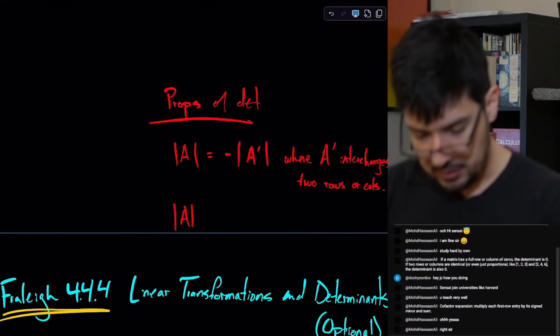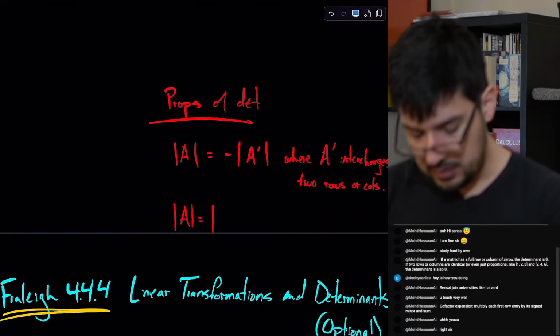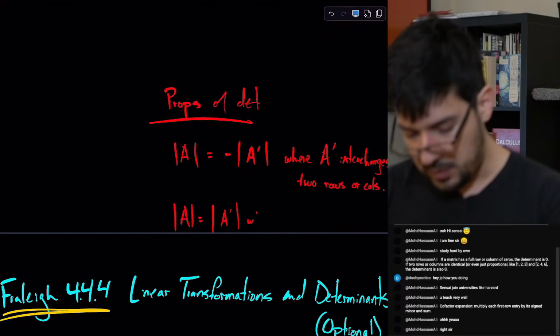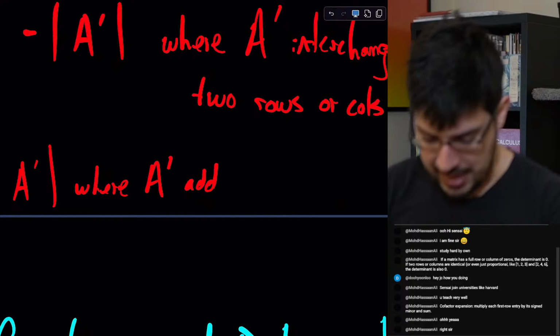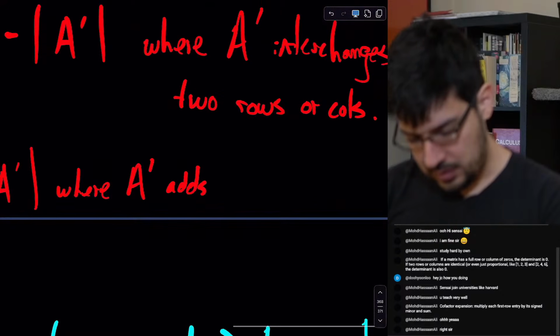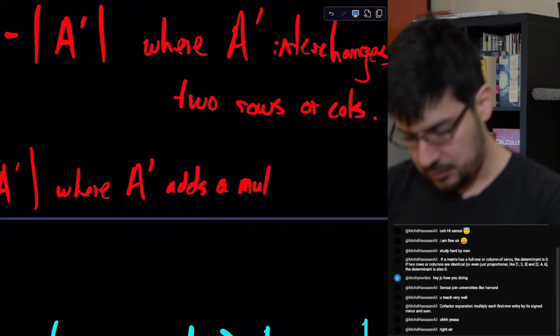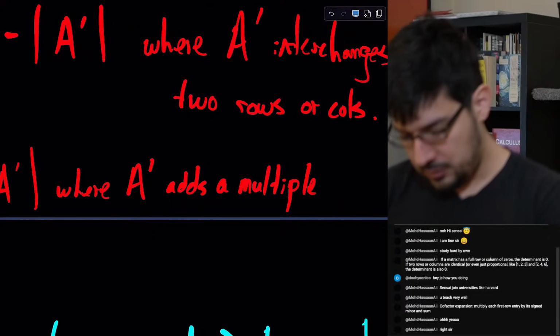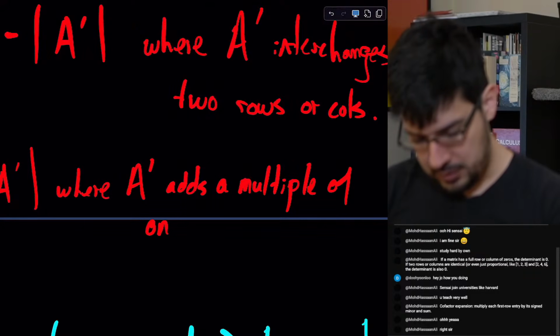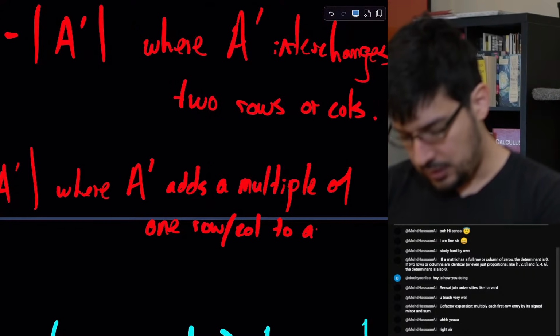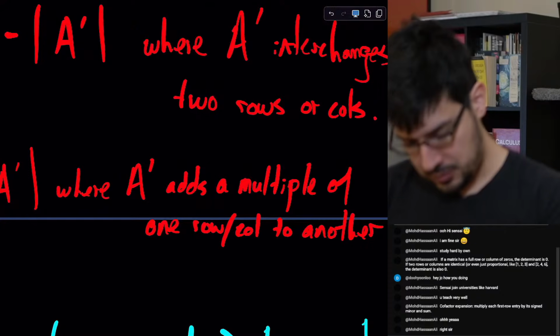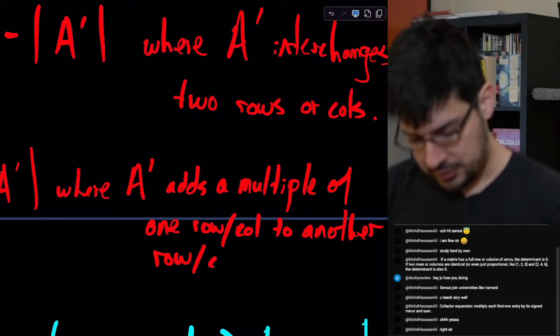The determinant of A is equal to the determinant of A prime, where A prime adds a multiple of one row or column to another row or column.